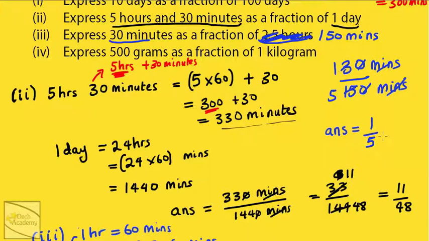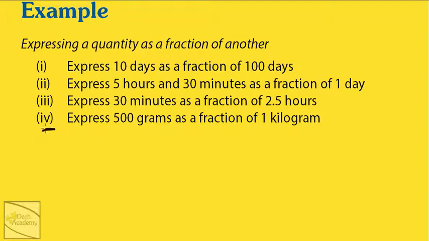For question 4, we're required to express 500 grams as a fraction of 1 kilogram. Again, the units differ. We need our values, these are weights, to have the same units. So I'm going to suggest that we stick to grams. So we have 500 grams here. I'm going to convert this 1 kilogram to grams.